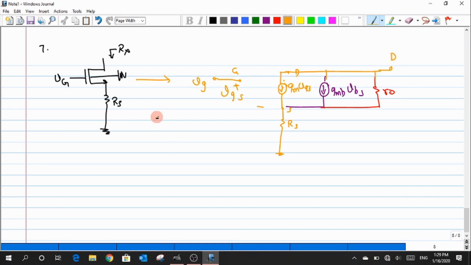This is the complete small signal model that I have, and now to this I want to apply my Vx and measure Ix after killing the input source, so that we end up with some sort of result.